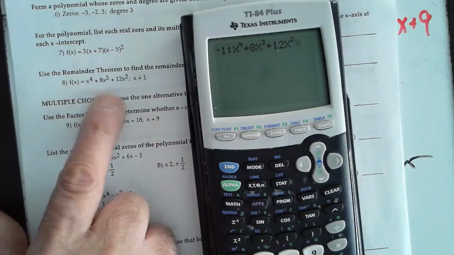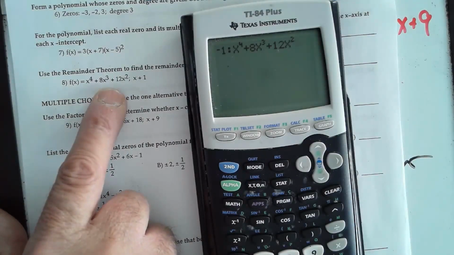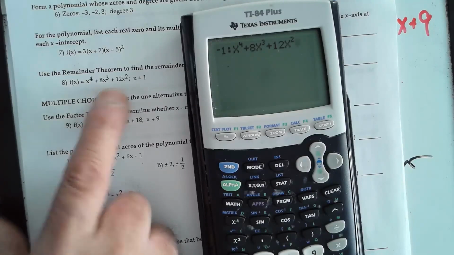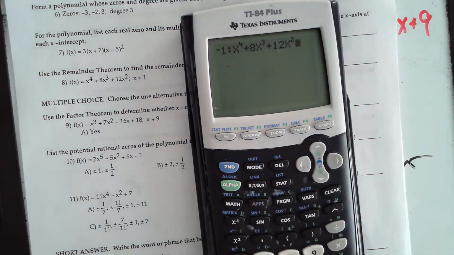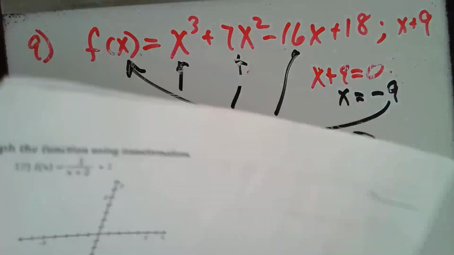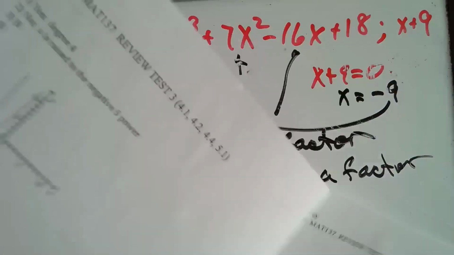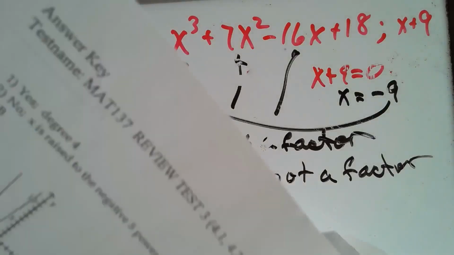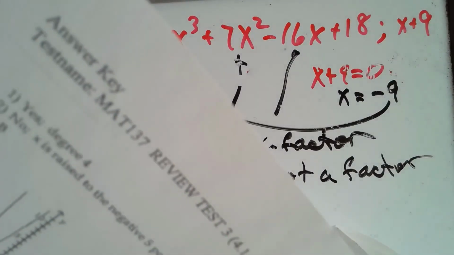Okay, so that's x to the fourth plus 8x cubed plus 12x squared. And that's it. Okay. So that's your remainder. 1701.